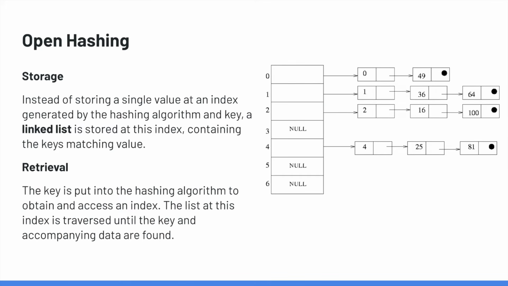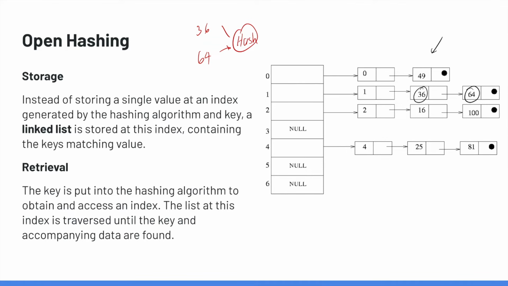Now the first method is open hashing. Open hashing involves storing data in linked lists at every single position in a file. So here we have position 0 through 6, and 3, 5, and 6 are free. But at every position in which there is a record, there is a linked list. So let's say, for example, we have keys 36 and 64. We put 36 and 64 into our hashing algorithm.